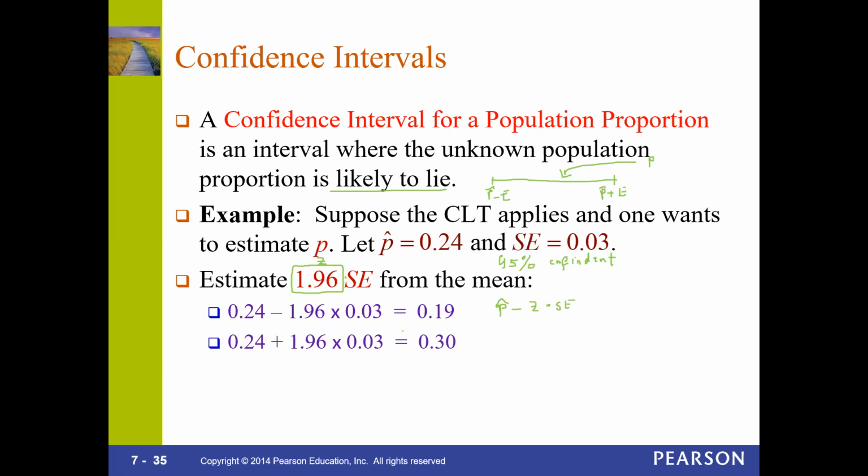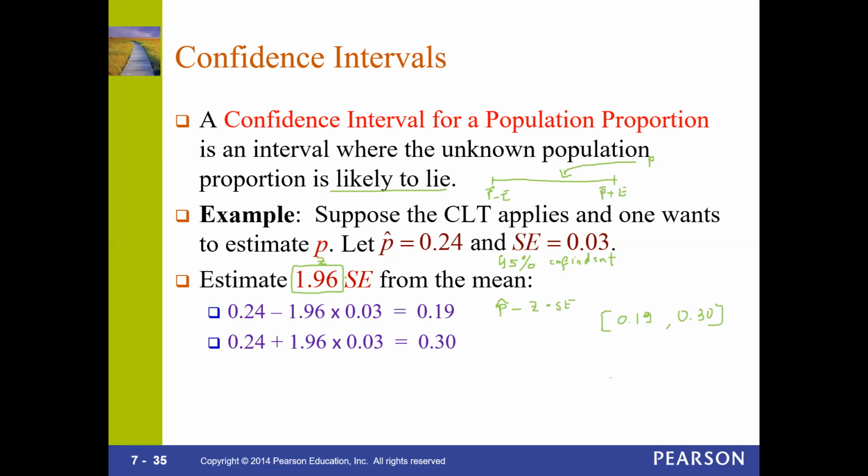So this gives you two values, an interval. I can say this is 0.19 and this is 0.30. That means I am 95% confident that P is in that interval.